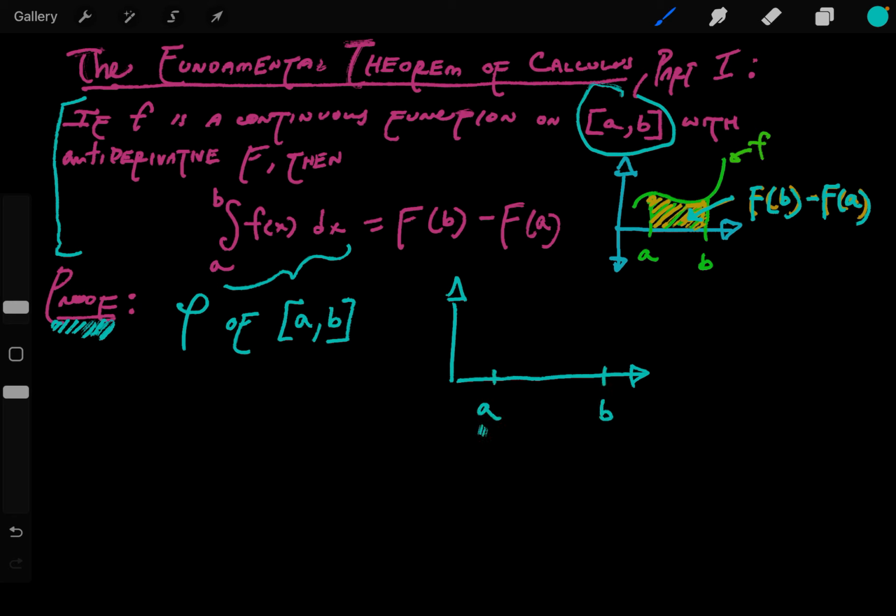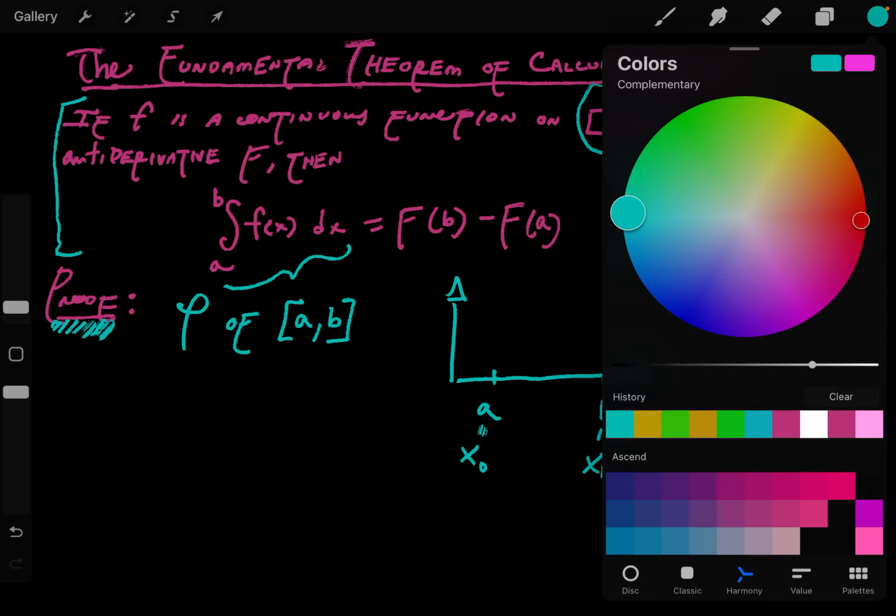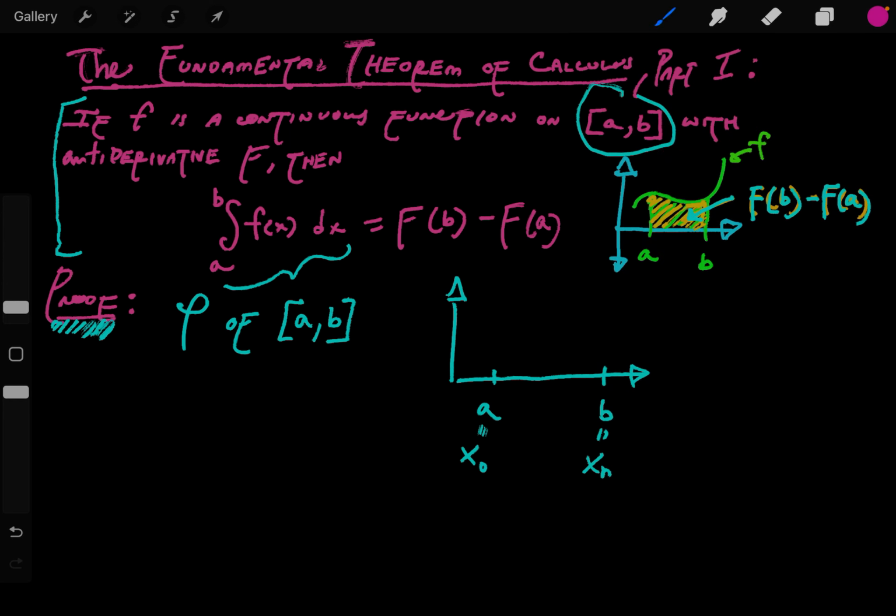You start off with x0, you end with xn, and you've broken it up into n parts. So this is x1, x2, x3 maybe, dot dot dot, x i plus 1, and so forth, all the way to n. Now you've broken this interval into n pieces.